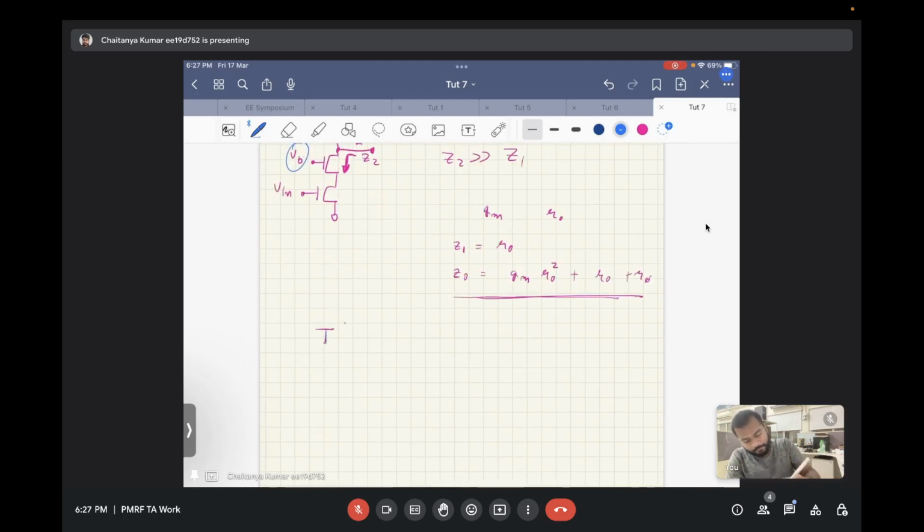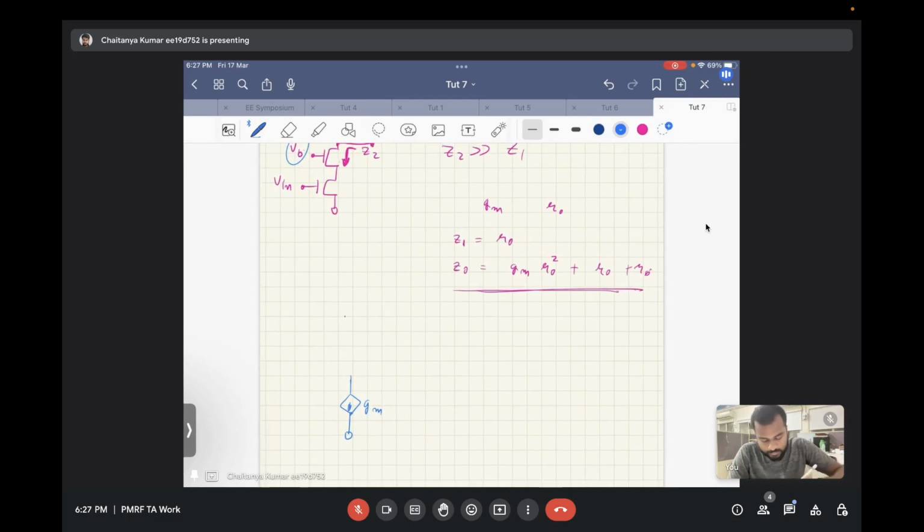So let's try to draw the small signal model. We have a Gm over here. For this analysis, we will assume that the output resistance of the transistor is infinite. Let's say Vin is applied over here.